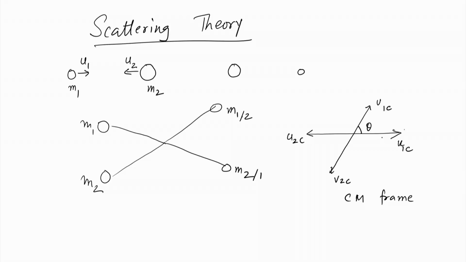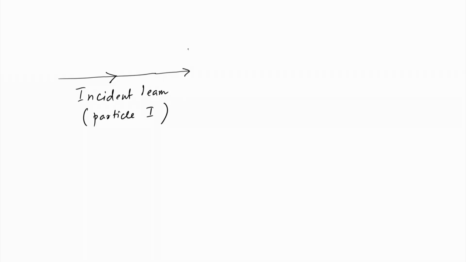So, of course, we are going to do quantum mechanical scattering theory. So, let us physically discuss what happens in a typical collision experiment. There is an incident beam that comes, and this incident beam actually corresponds to particle 1, that is mass 1, and then it strikes a target.